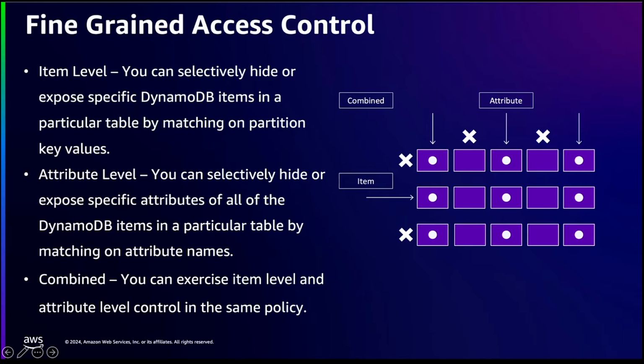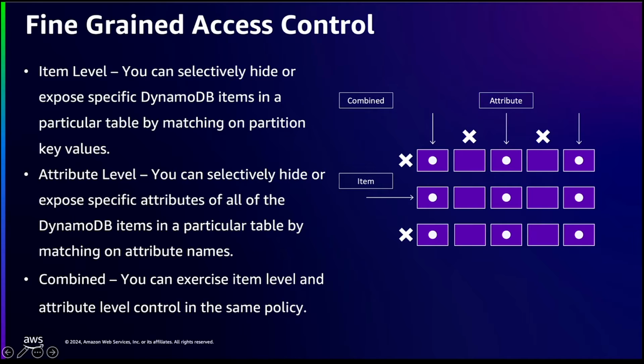In other words, item level will only let you see one item, one row. An attribute will expose an entire column for all the items in the table. You can also combine them both. You can add item level and attribute level control in the same policy.